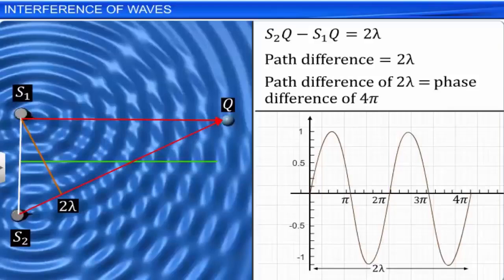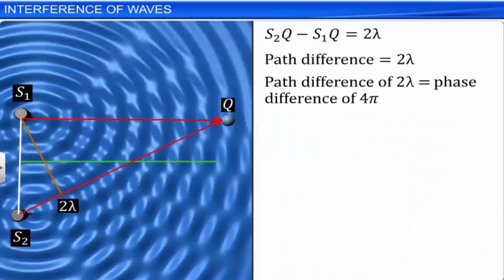If the displacement produced at the point Q due to the waves from S1 is given by y1 is equal to A cos omega t, then the displacement produced by waves from S2 is represented by y2 is equal to A cos(omega t minus 4 pi).